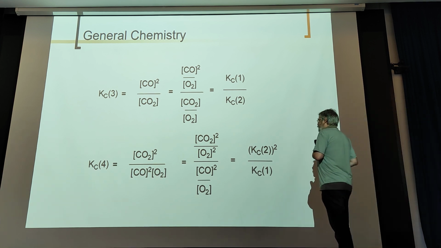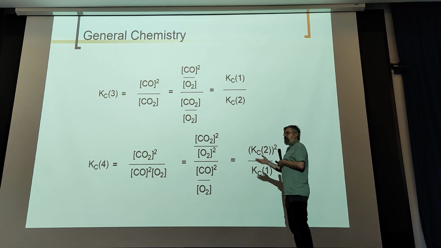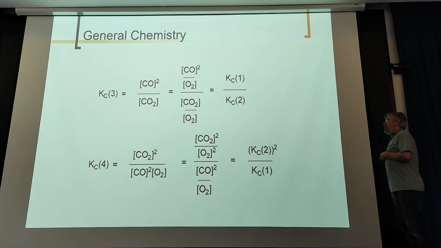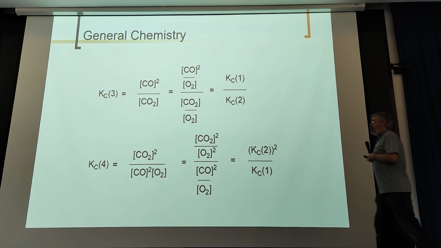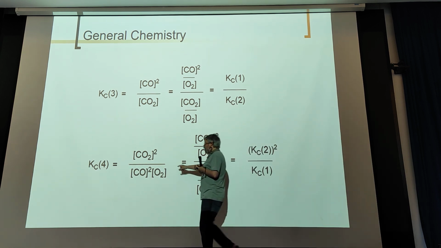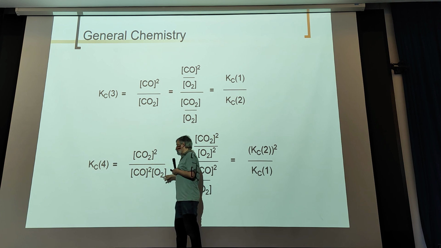What about the fourth reaction? This is the expression for the equilibrium constant. We divide everything by the oxygen square. So here we have oxygen square, here we have already oxygen, we divide by oxygen square.